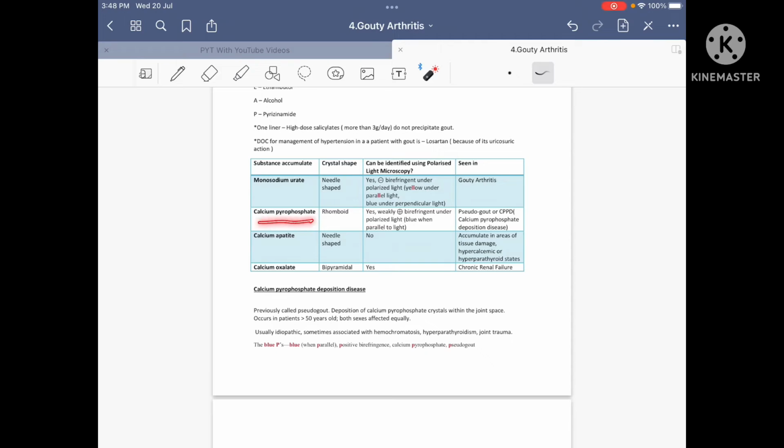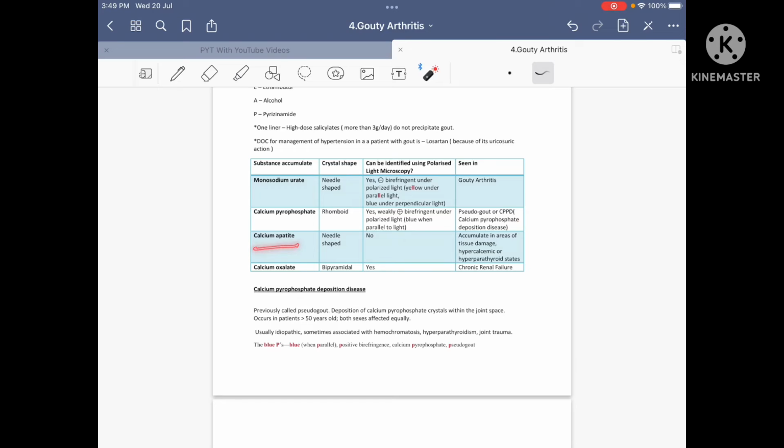And in case of calcium pyrophosphate, it will be weakly positive birefringent under polarized light, blue when parallel to light. Here you have yellow when parallel to light, there it will be blue when parallel to light. It is very confusing, you should remember it. It is seen in pseudogout or CPPD, calcium pyrophosphate deposition disease.